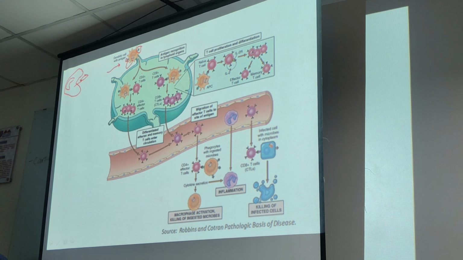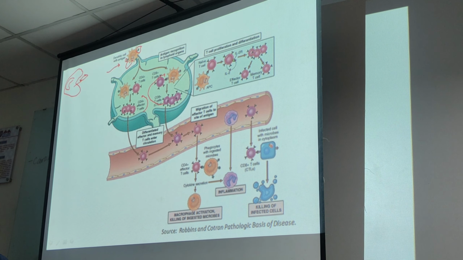You are aware that your lymph node is composed of various populations of lymphocytes, right? So if a macrophage or an antigen-presenting cell goes there and it is presenting a pathogen at its surface, then naturally your CD4 and CD8 T cells will recognize this pathogen.